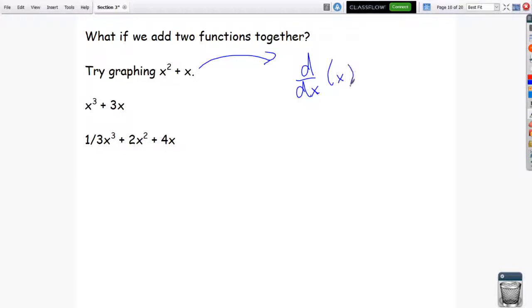The derivative of x, you can look at it in 2 different ways. x is just a linear function, and you can find the slope of that linear function. You could also look at this as x to the 1st, and then we would have 1 x to the 0th power if you really want to use the power rule for it. So this would be just 1. But this works for any linear function.